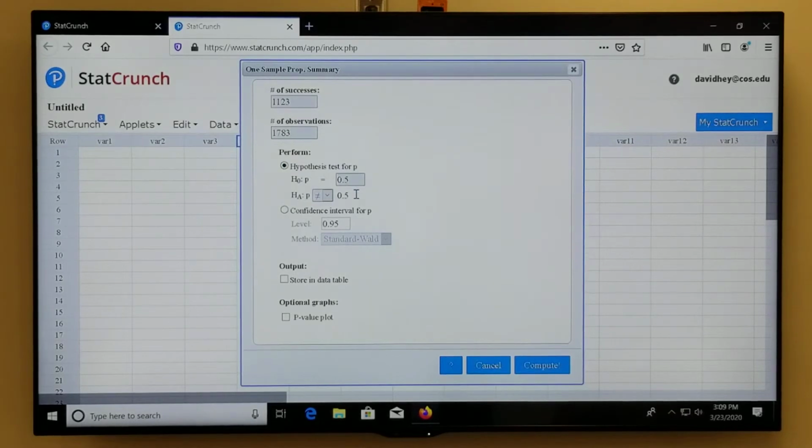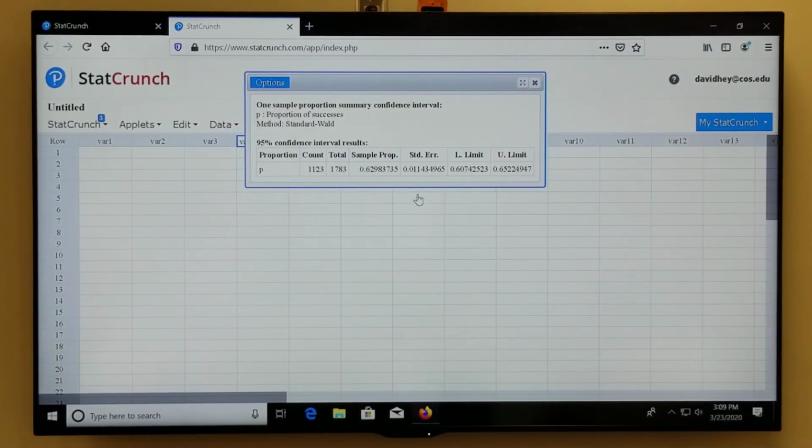We'll talk about hypothesis tests later in the semester. What we do want to do is construct a confidence interval. So we're going to click on the confidence interval button. We want a 95% confidence level, so I'm going to leave this at 0.95. It's already set at 95%. You don't have to change the method, just leave it standard Wald. You don't have to click any of these things. Okay, we're all set and ready to go, so you hit compute.